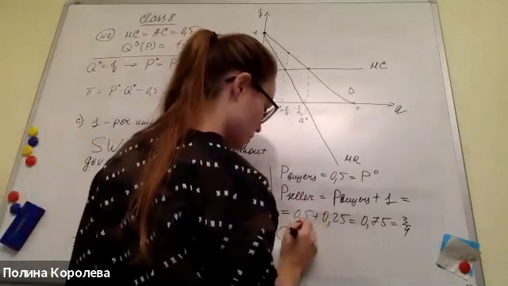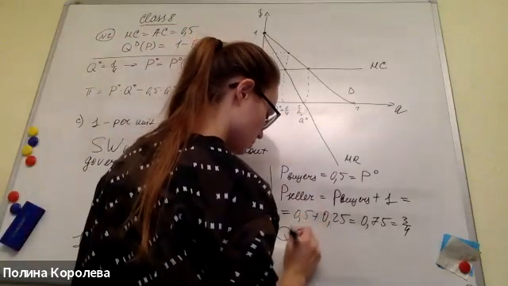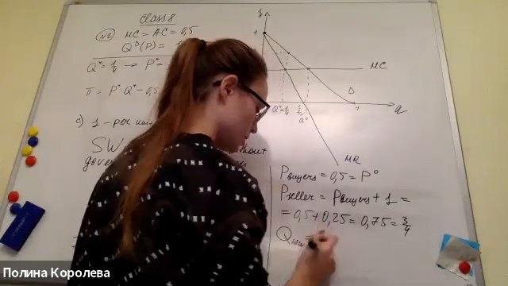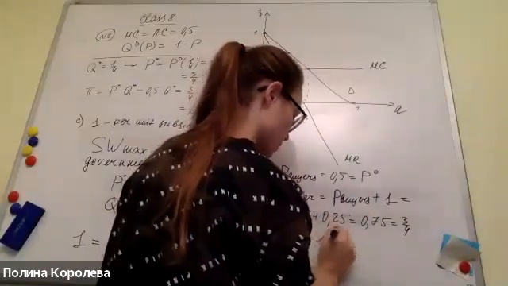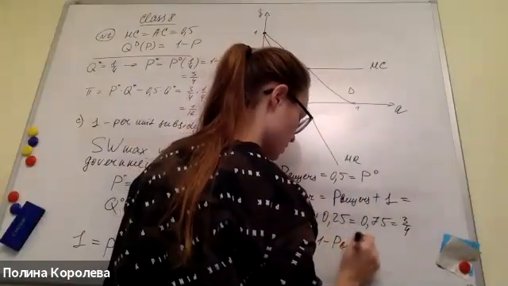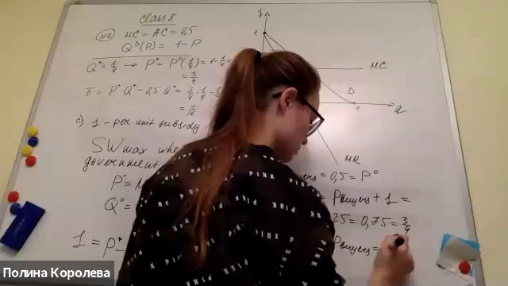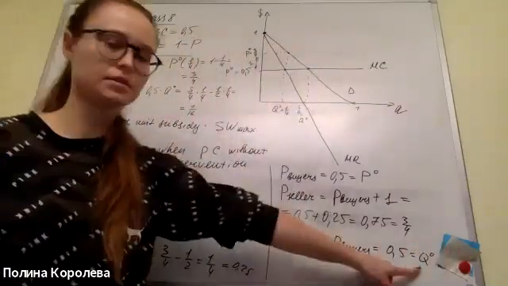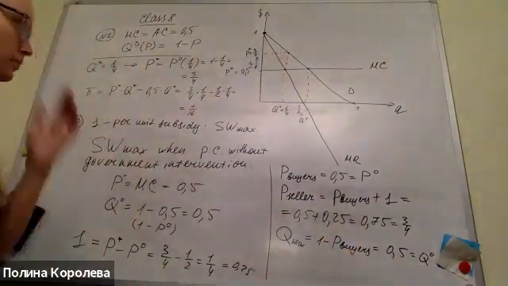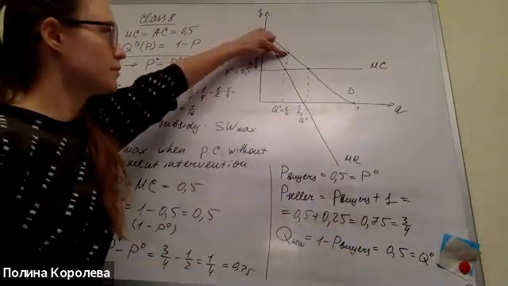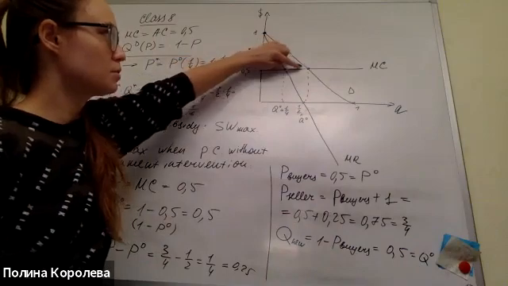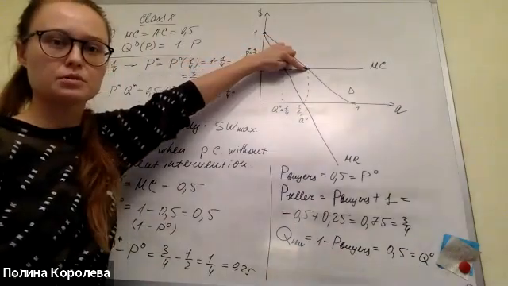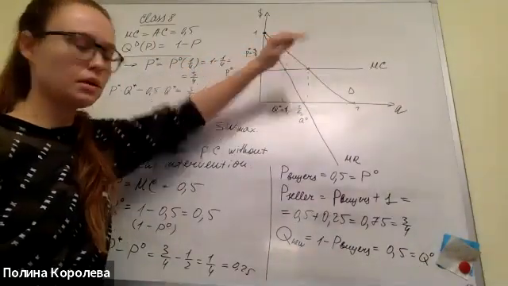The quantity will be equal to, putting the price of buyers into the demand function, 1 minus the price of buyers. This is 0.5, as in the perfectly competitive case. So we move from this ineffective equilibrium point to this effective equilibrium point without social welfare losses.